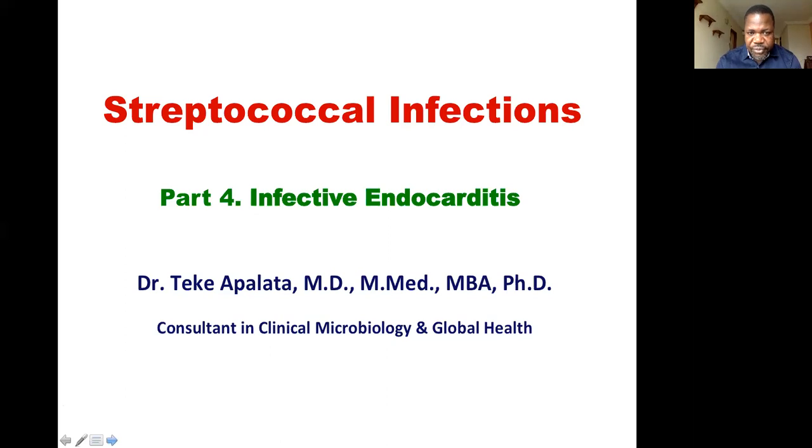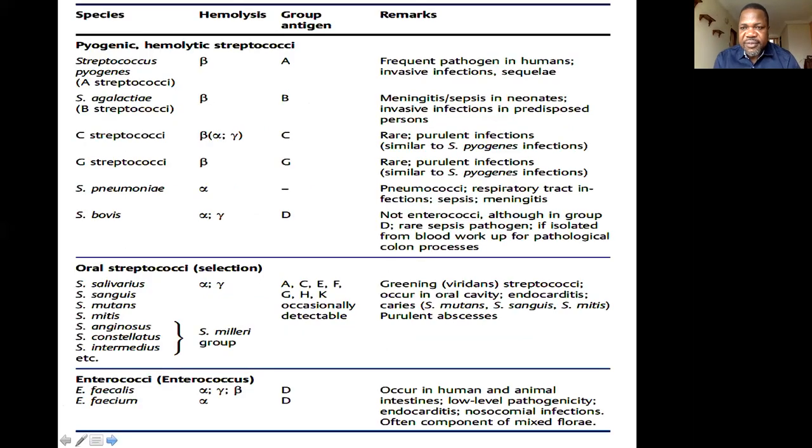So what are the streptococcal species that are involved in causing infective endocarditis? It's mainly what we call the oral streptococci, and they were initially called the viridans streptococci or the viridans group, but we call them oral streptococci.